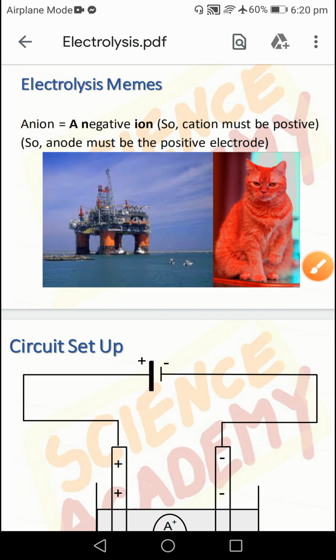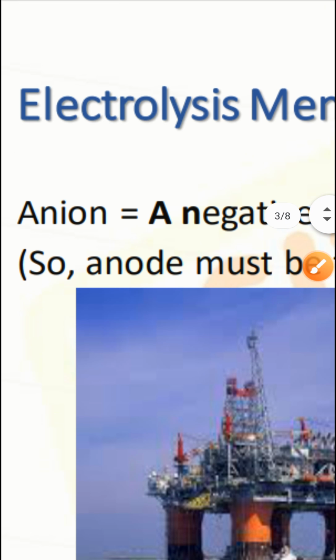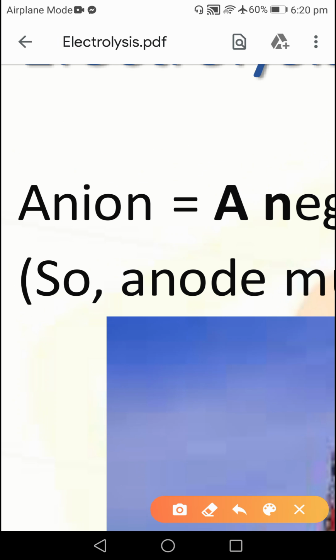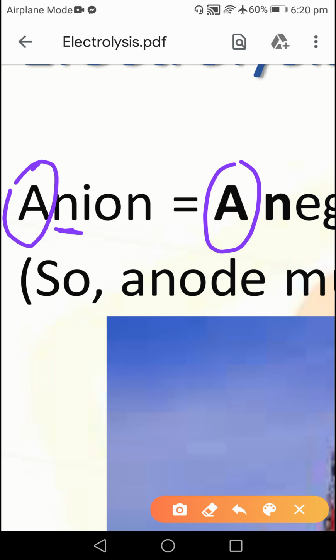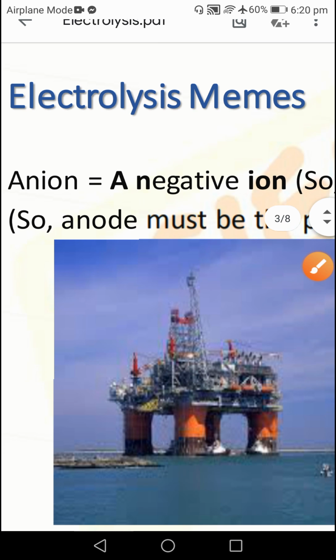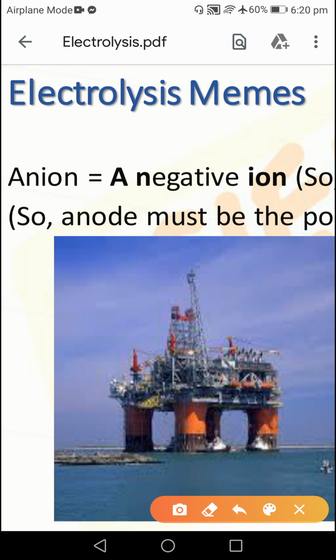Let me zoom in. A stands for A, N stands for negative, and ion means ion. So anion means a negative ion.